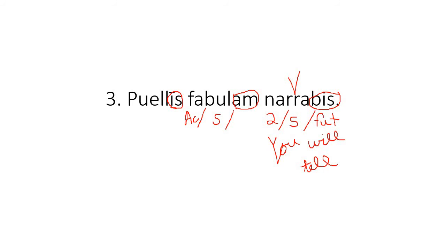And then "fabula," is that masculine, feminine, or neuter? It is feminine. It's got that letter A that we're used to seeing for first declension nouns, which are usually feminine. Okay? If it's accusative, what part of speech is it? It's the direct object. And what does "fabula" mean? Story.